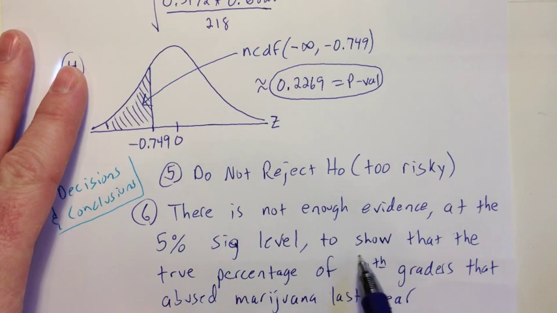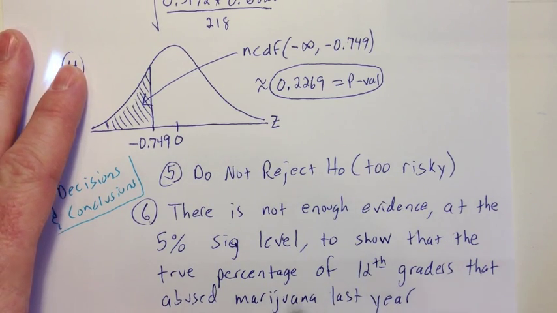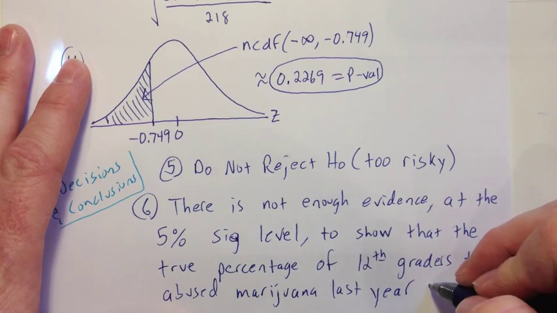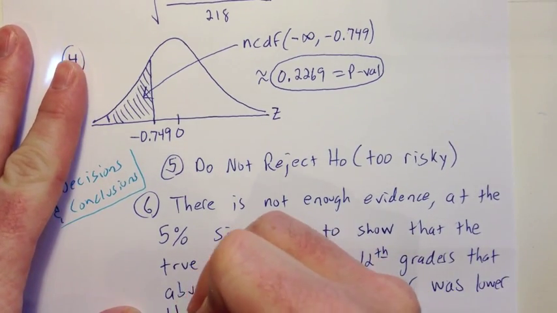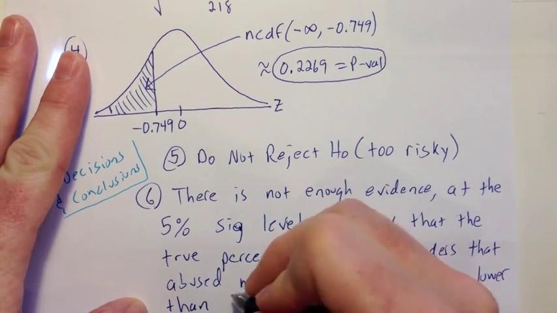So there was not enough evidence to show that the true percentage of 12th graders that abused marijuana last year was lower than 31.72%.